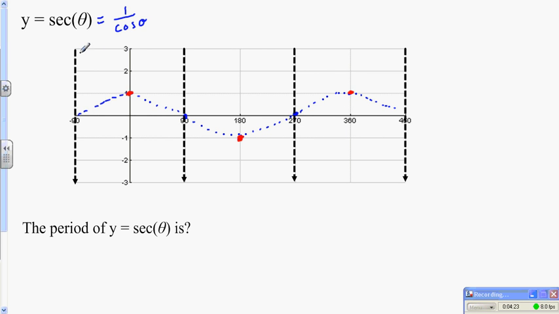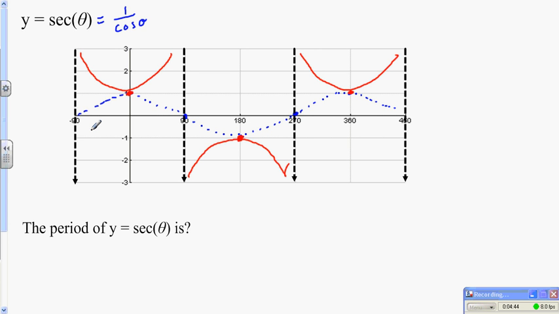But what happens is we create these parabolas going away from our original sine curve, or in this case cosine. Notice they have asymptotes again.